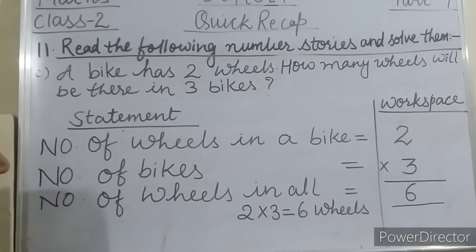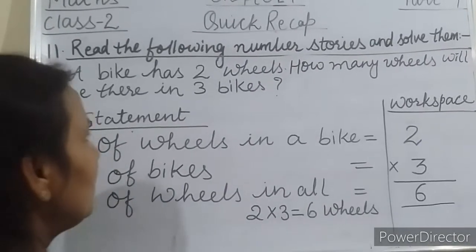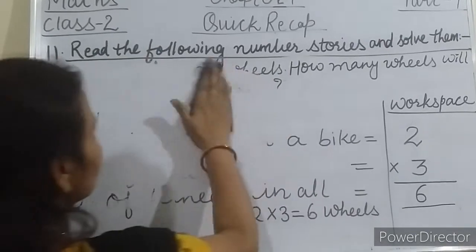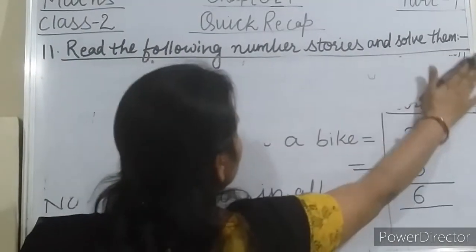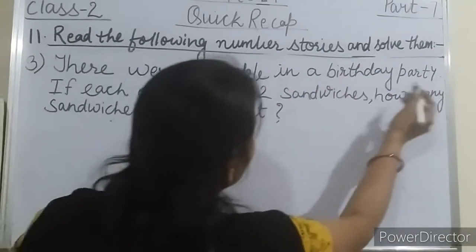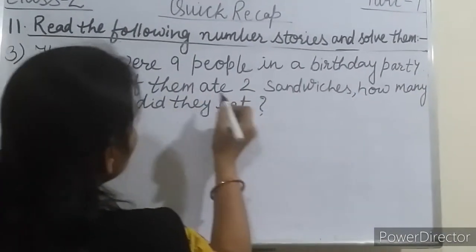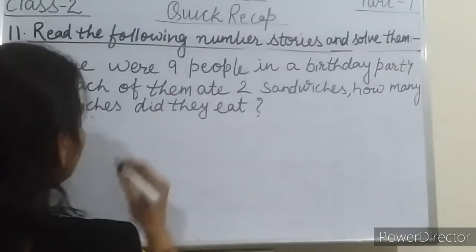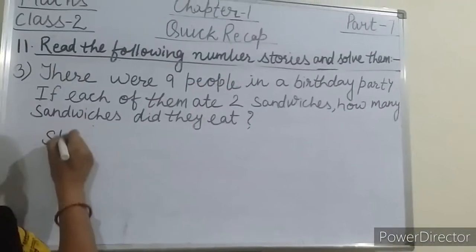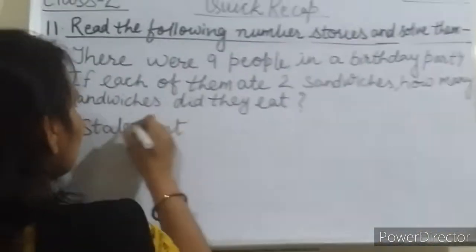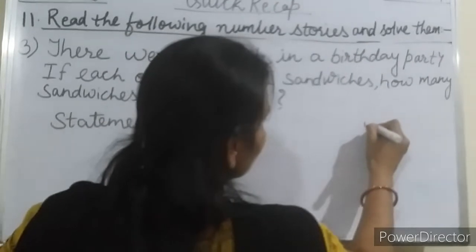Now students, I will give you the next question from your book. There were 9 people in a birthday party. If each of them ate 2 sandwiches, how many sandwiches did they eat? So again write statement here. Here workspace.